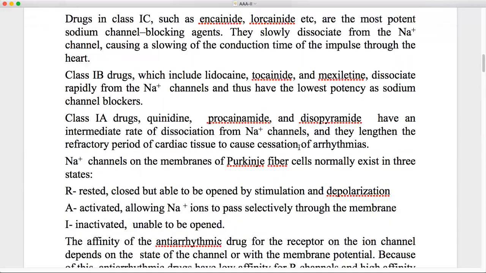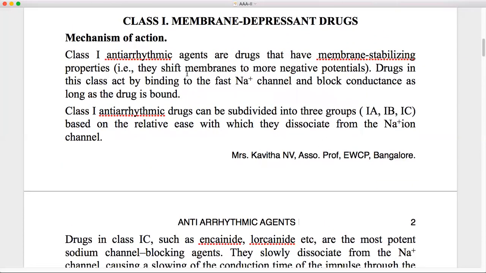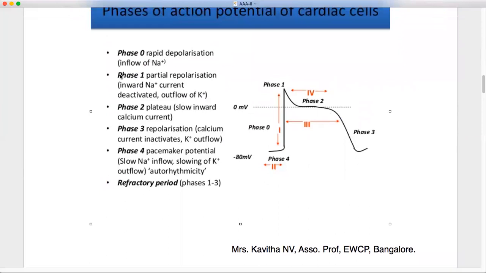Okay, so this is normally happening. So what our membrane stabilizing drugs do is bind to the fast sodium channel. When it binds to the fast sodium channel, there is no influx of sodium ions. Sodium ions are not entering into the cell. There is no rapid current of sodium ions. So what happens when that is the case?